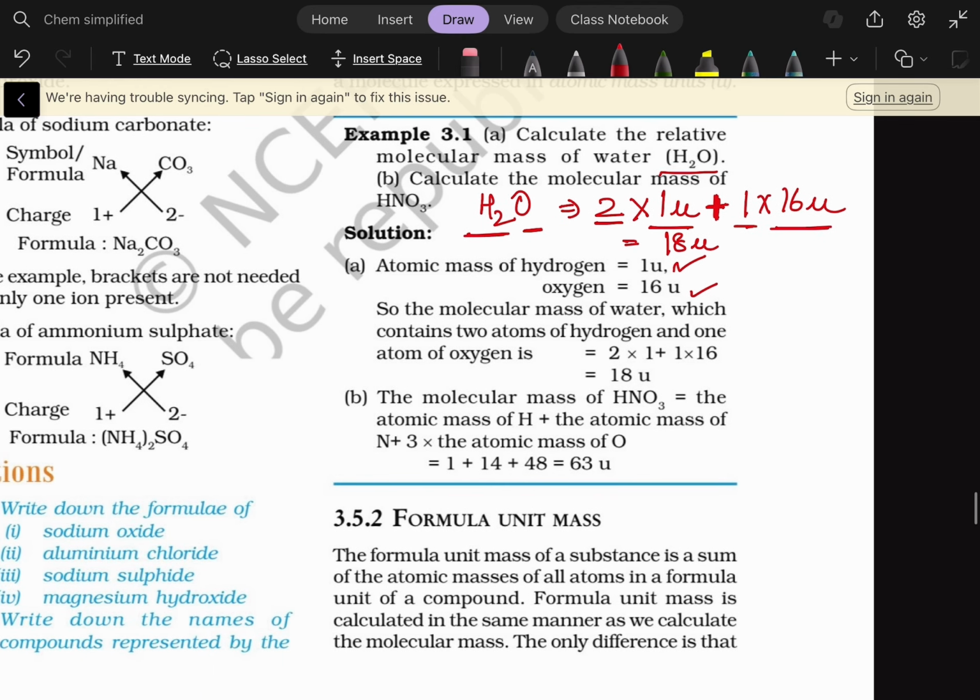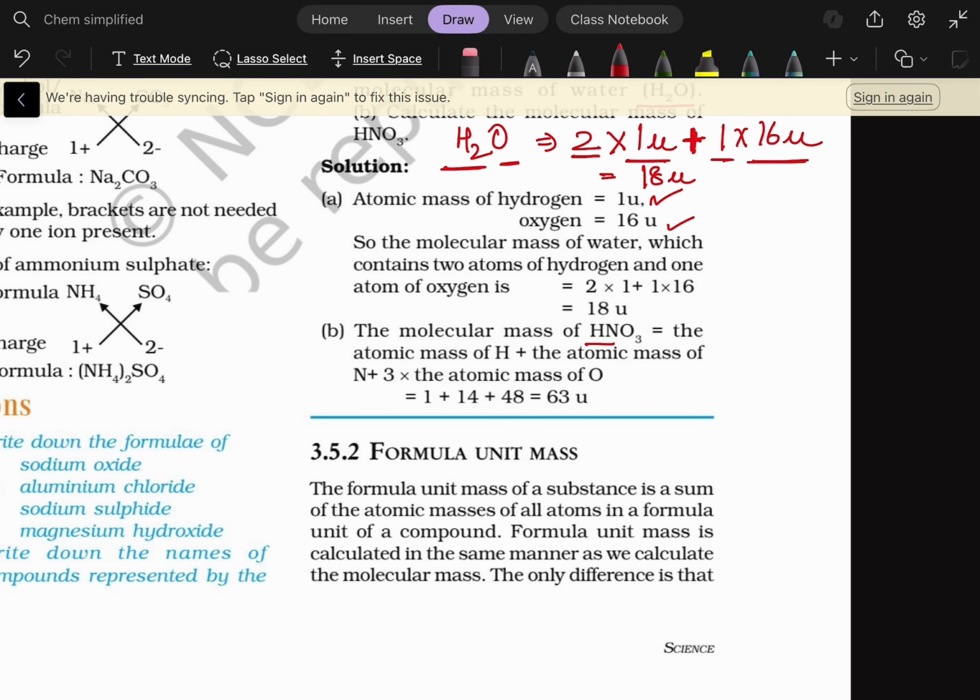Then there is another example, the calculation of the molecular mass of nitric acid. In nitric acid, there is one atom of hydrogen, one atom of nitrogen, and three atoms of oxygen. When we add the atomic masses of all these elements, we get the molecular mass.